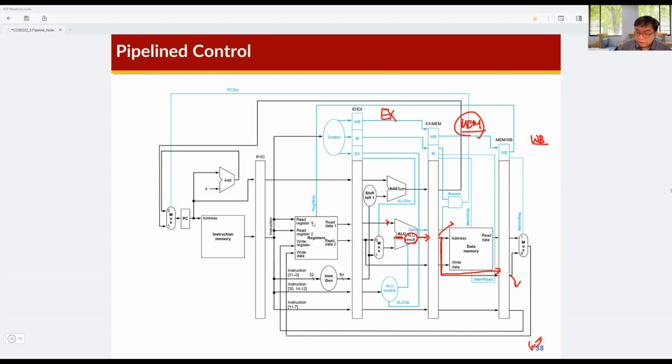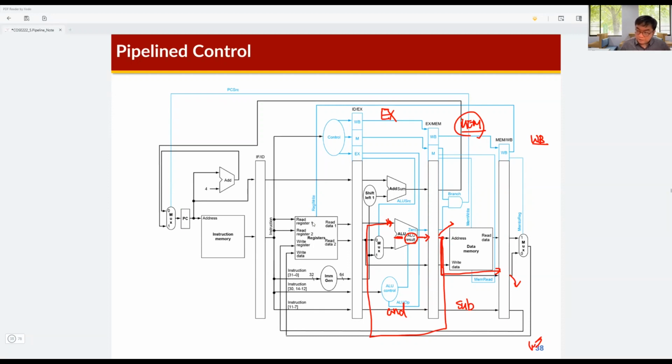Okay, so the sub is here, and what's the next instruction? The AND instruction is here, and this data will be delivered to one of the inputs of this ALU.